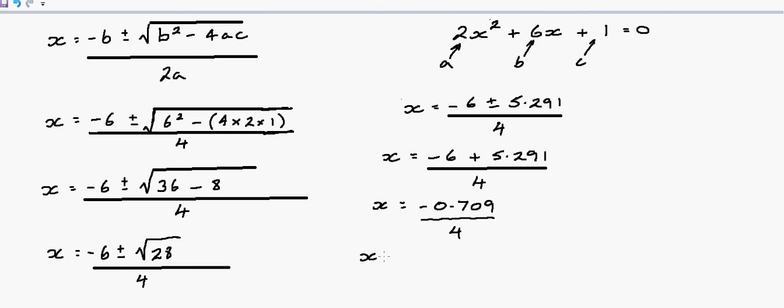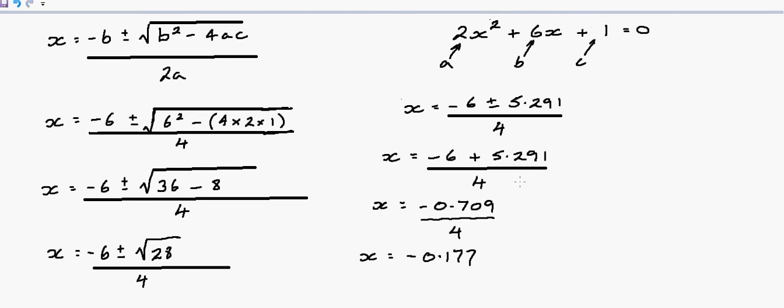So x will equal, we just divide that by 4 and we get minus 0.177.